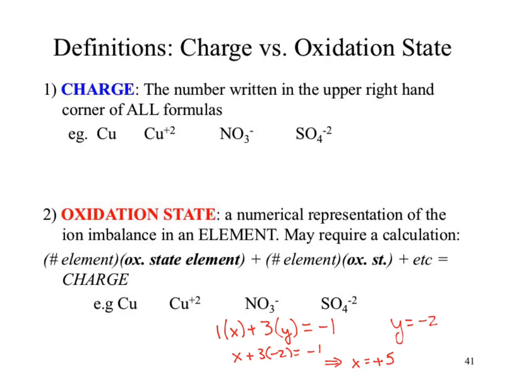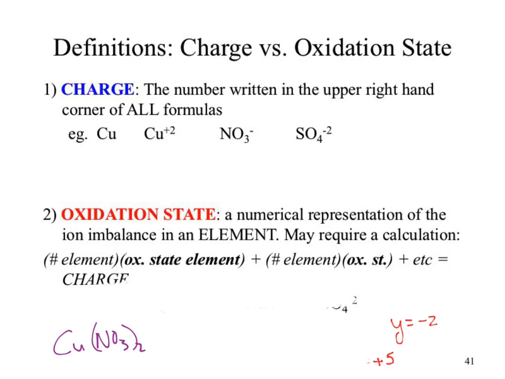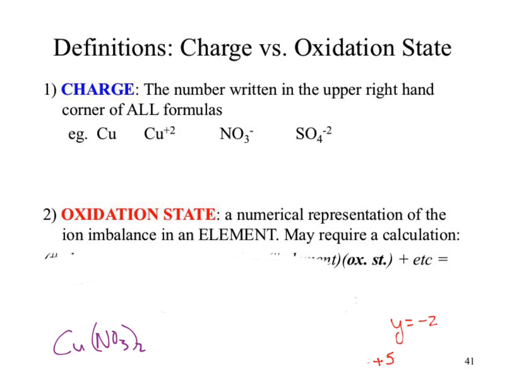What happens in our ionic bonds? The charge on, say, copper in copper nitrate is what? What is the charge on the copper in copper nitrate?